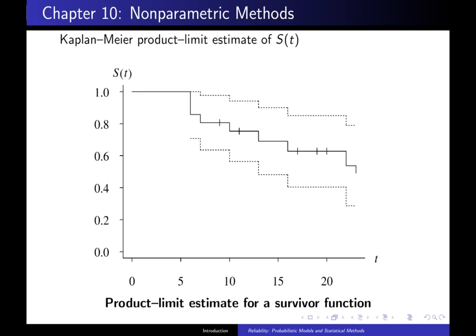One of the most popular non-parametric estimators is the Kaplan-Meier product limit estimate of the survivor function. It was devised by Kaplan and Meier back in 1958. And about 10 years ago, that particular estimator was the number one most cited statistics paper in the literature.